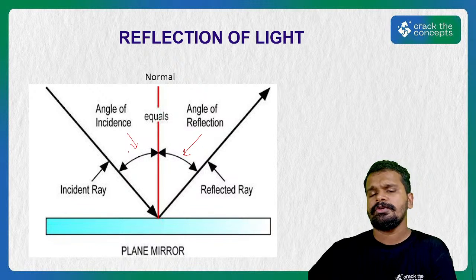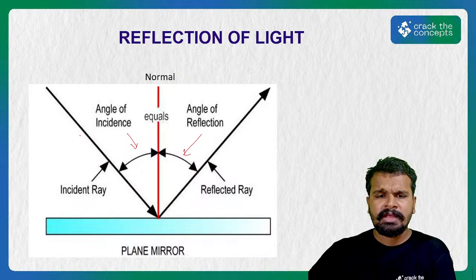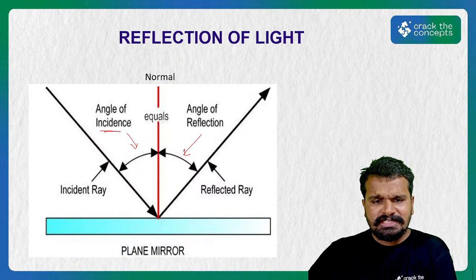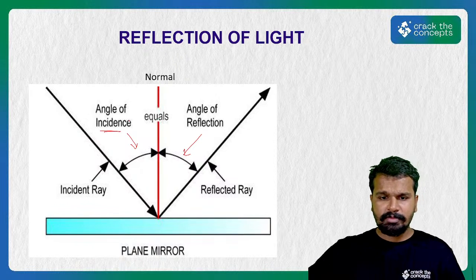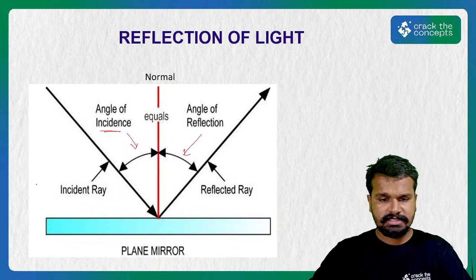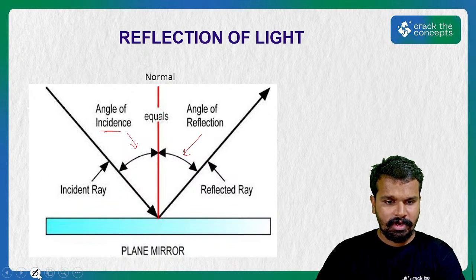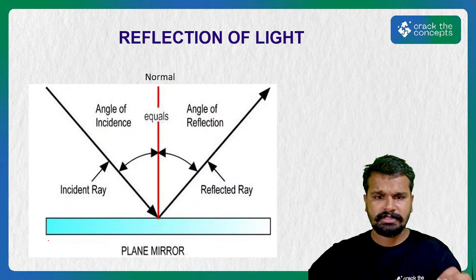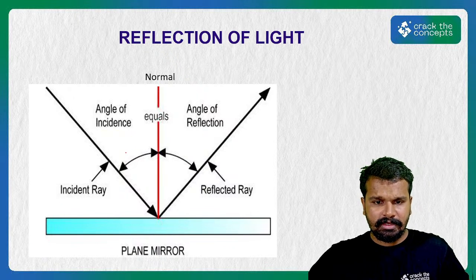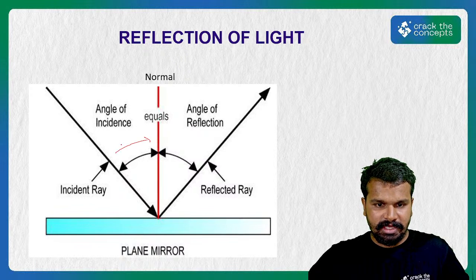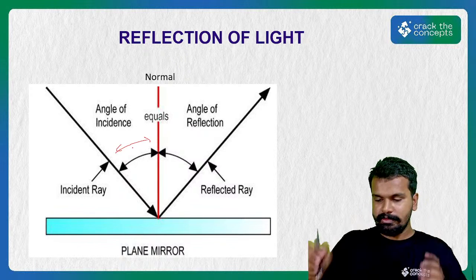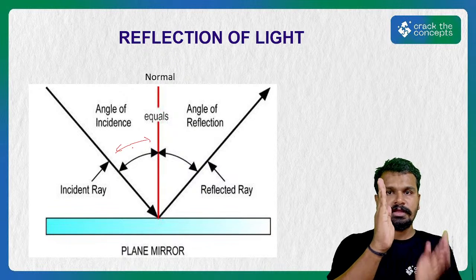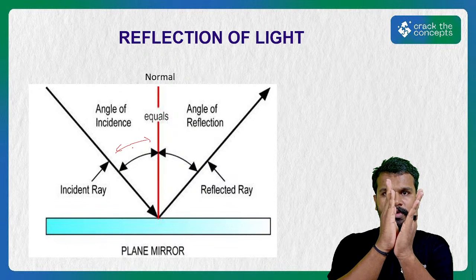Here you have to understand that as the angle of incidence increases, suppose this particular angle increases, what will happen? This is the normal, and this is the angle of incidence, suppose.